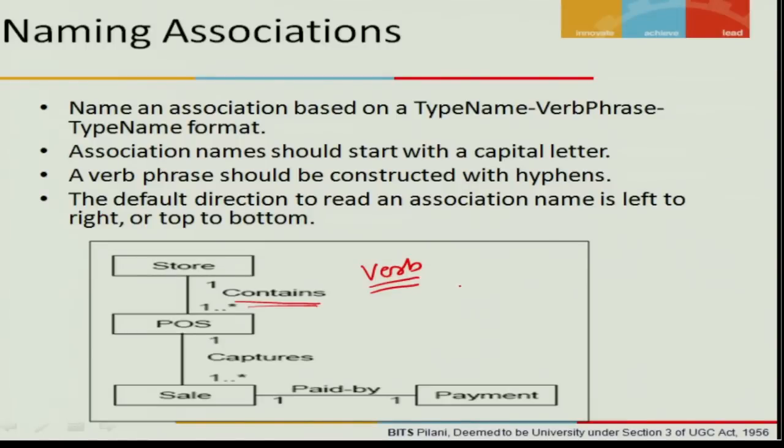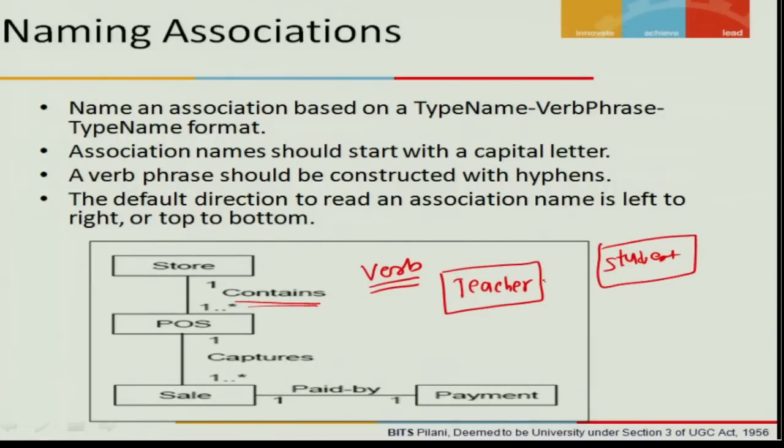If you take some other example, say teacher is one domain concept and student is another domain concept. What is the relationship between them? If you say left to right, teaches. Ask question to, so that can be another relationship between teacher and student.